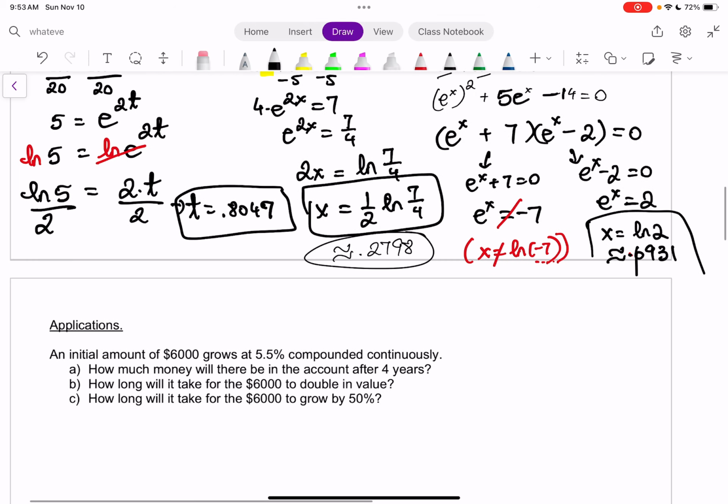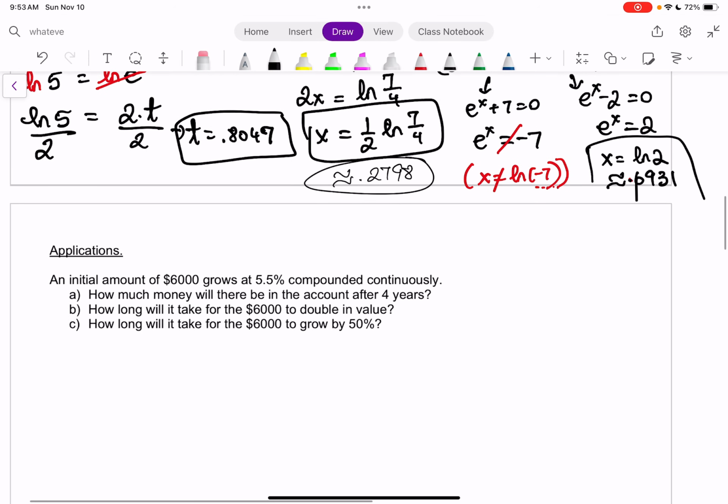And there's that. Okay. So in the applications we're going to do next, the first one hopefully you recognize from section 6.2 when we talked about exponential functions and compound interest and we developed the idea of continuous compounding.